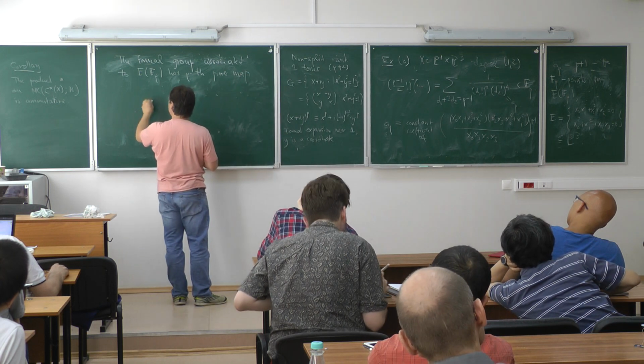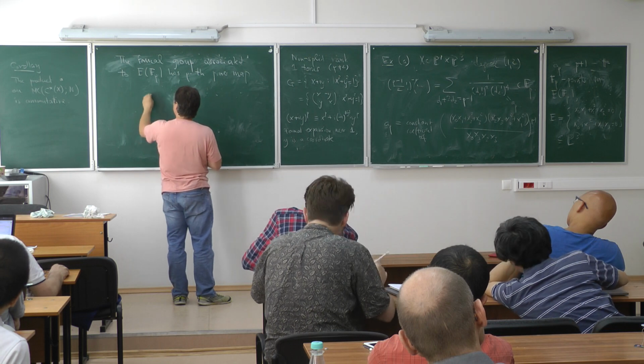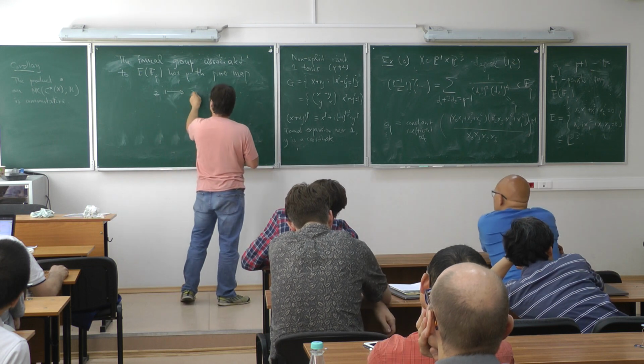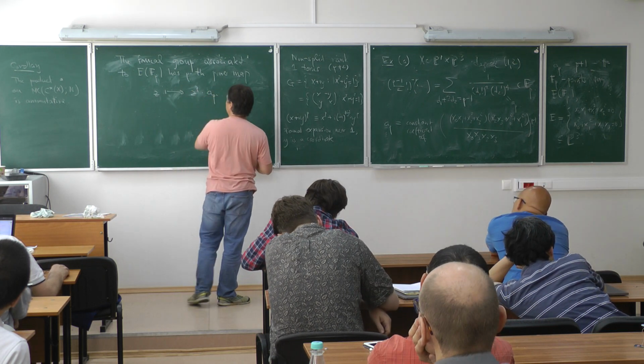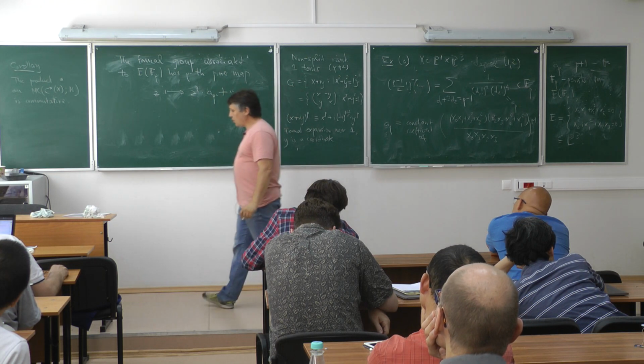If you have some formal variable, maybe t is not a good idea, q goes to z, and z goes to z to the p times a sub p, plus dots.